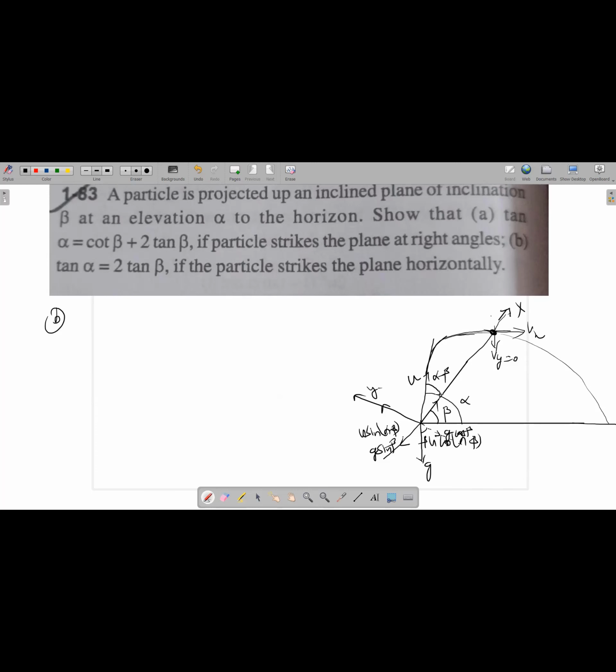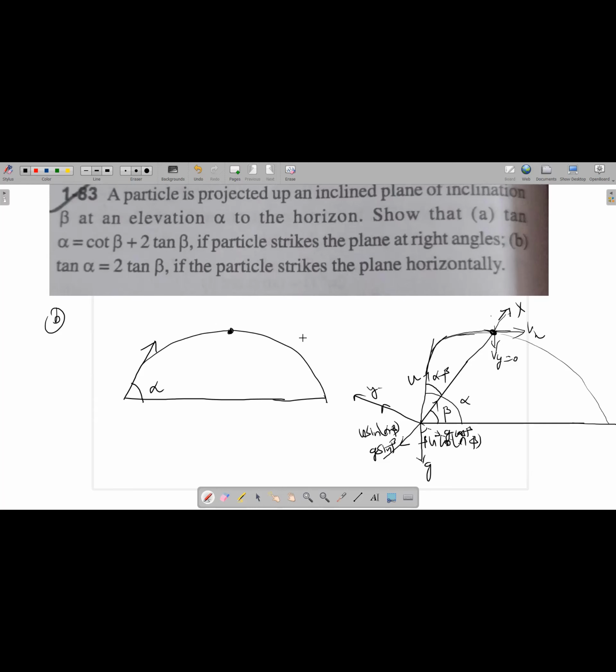So this is the ground, and at this angle it was projected. So angle of projection was alpha. At this point it is horizontal, right? It is striking the inclined plane horizontally, so there is no vertical component of the velocity. So it should be the maximum point of this ground to ground projectile motion.